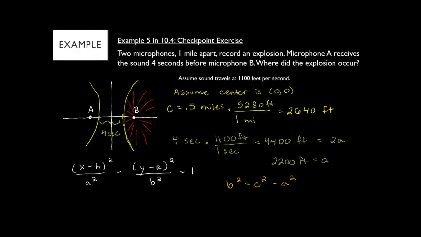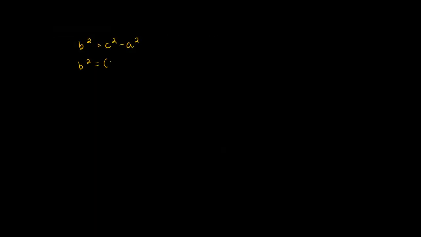So I'm going to move on to the next screen here. So C is 2,640. And then A is 2,200. So definitely calculator day here.